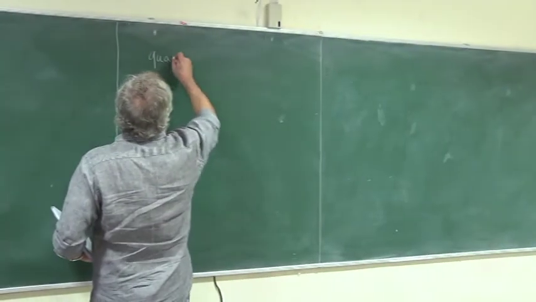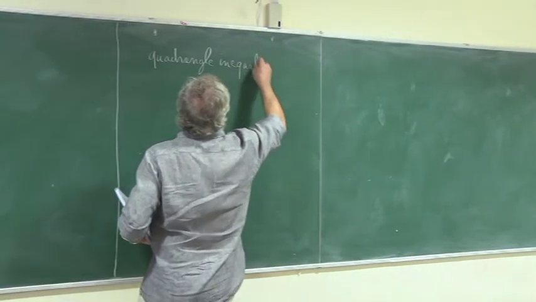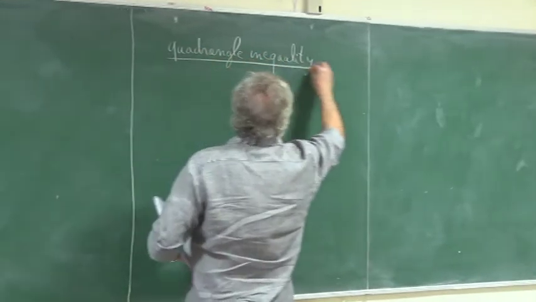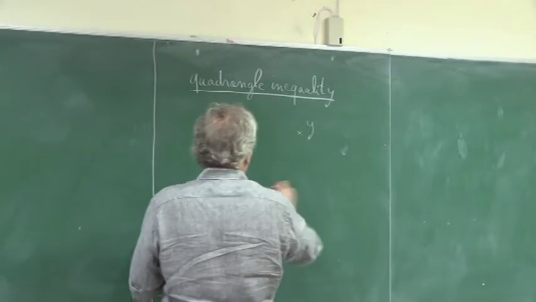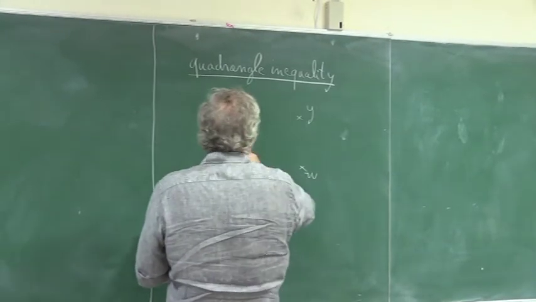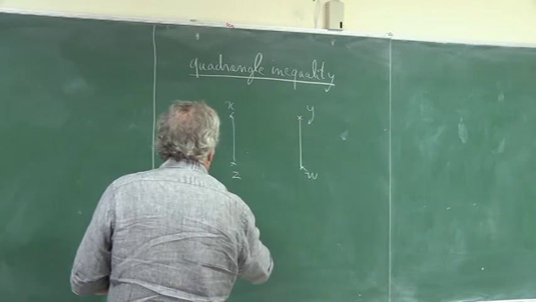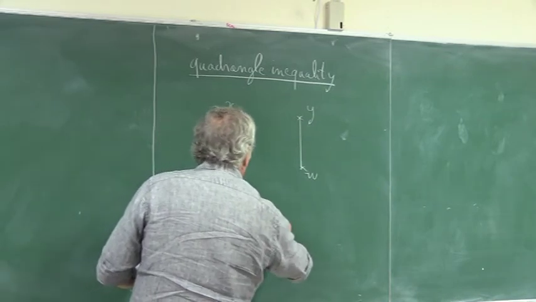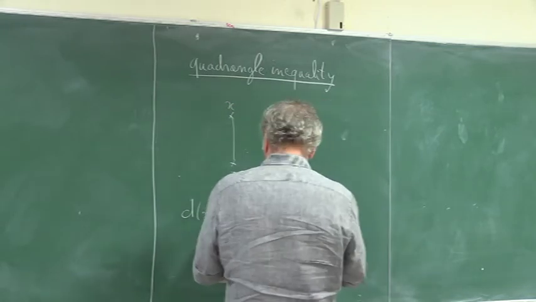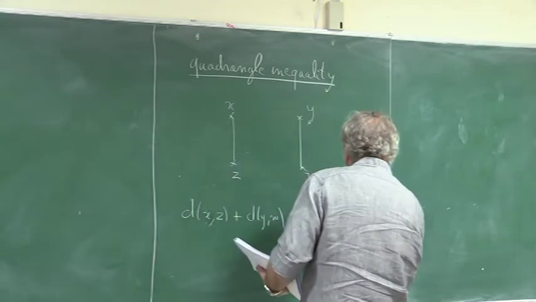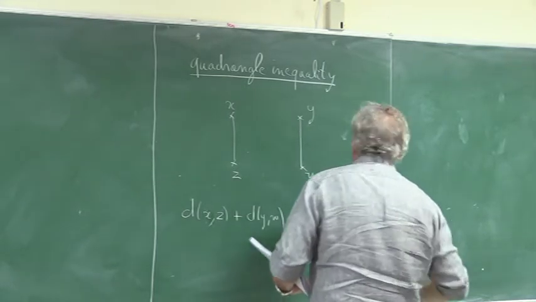The quadrangle inequality is the following: take four points x, y, z, w, and if I remember well, the distance from x to z plus the distance from y to w is less than the max of the other distances, the diagonals.